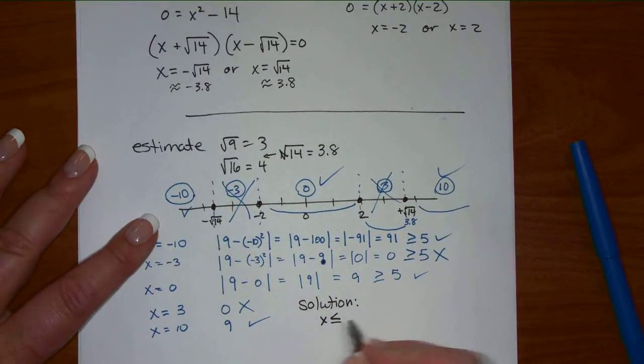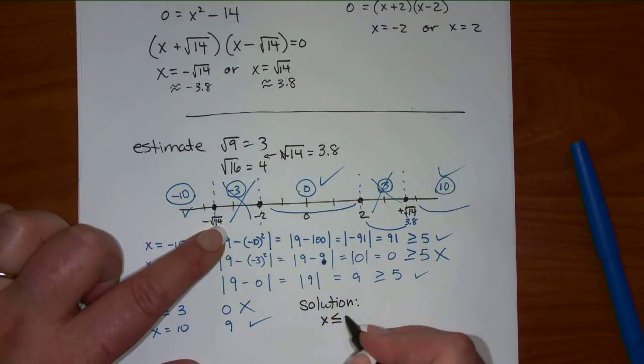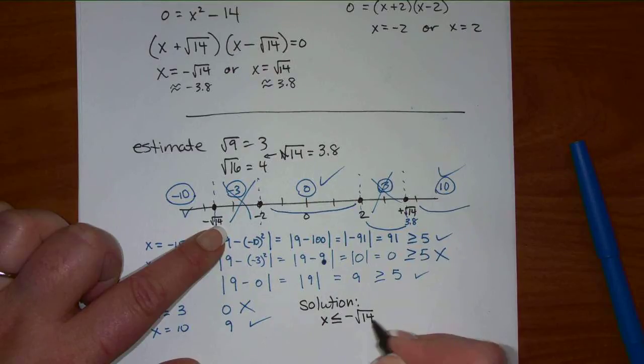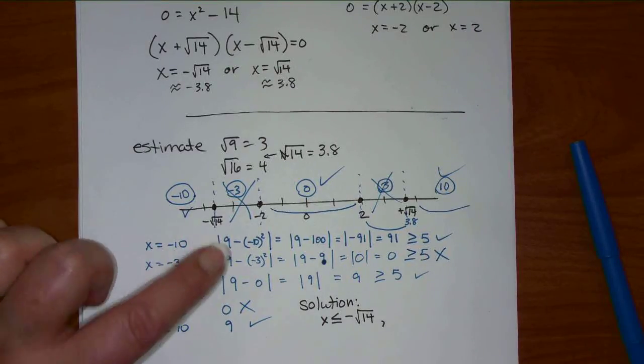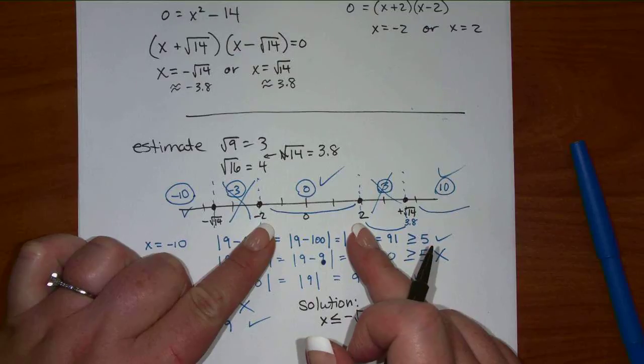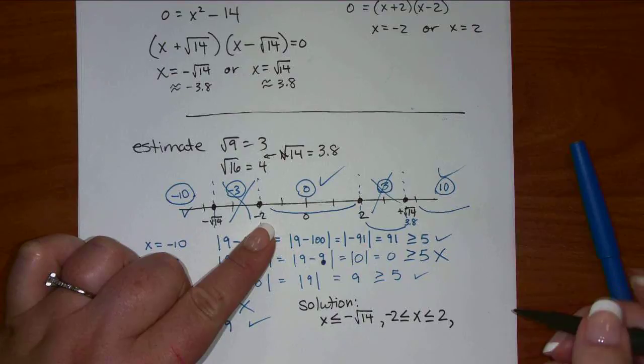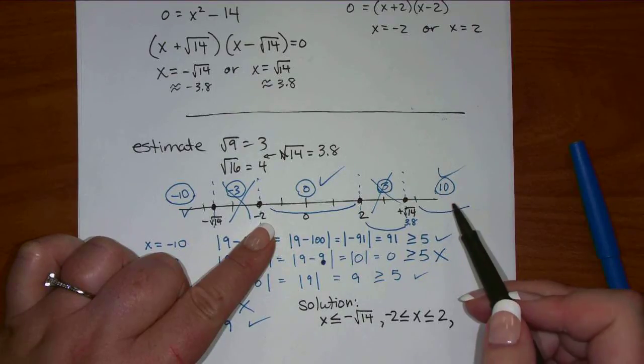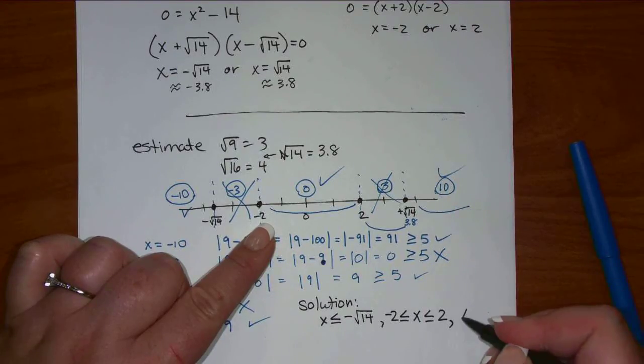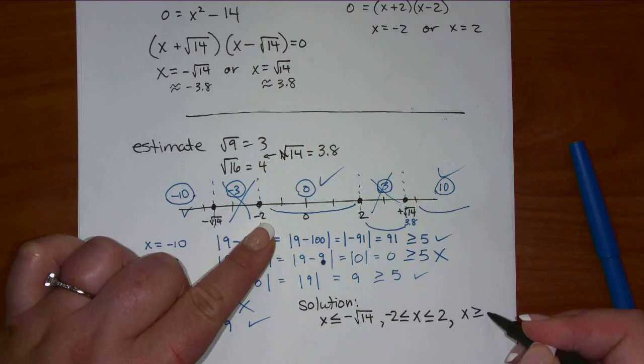Less than or equal to negative root 14. You write comma. The next one is between negative 2 and 2. And the last one, x is greater than or equal to positive root 14.